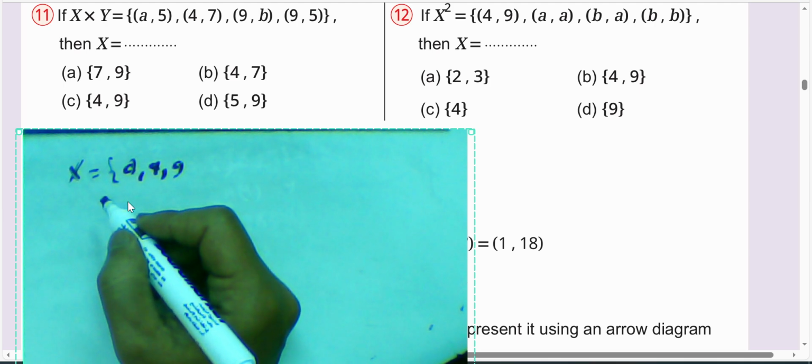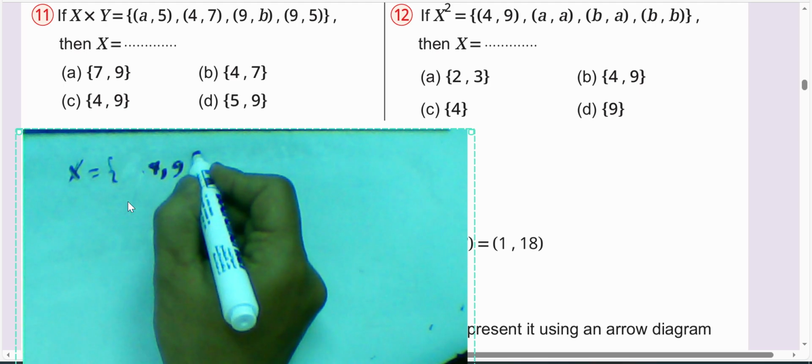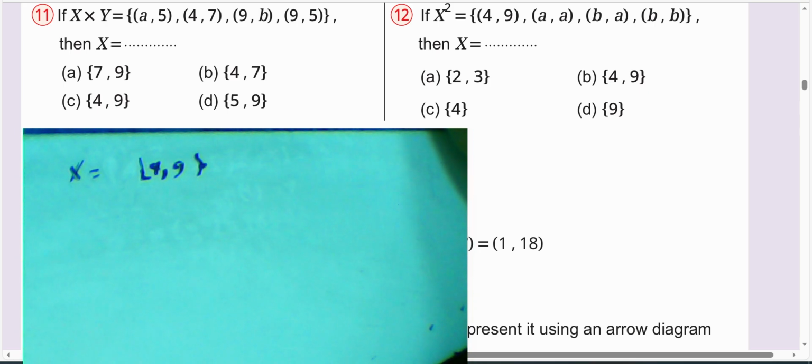A was repeating, then a will be 4. Then we have 4 and 9 only. Understood? Look again: a, 4, 9, and 9. Then a was repeating, meaning a will be 4. Then we have 4 and 9. Choose letter C.